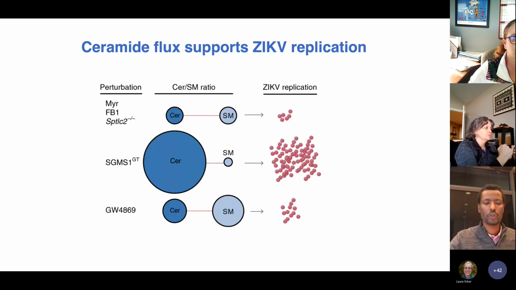And this is just to show you that whenever the cells have higher level of ceramide, it becomes very pro-viral. The virus replicates faster. And whether it is this genetic knockout or small molecules that prevent accumulation of ceramide, they tend to block infection.